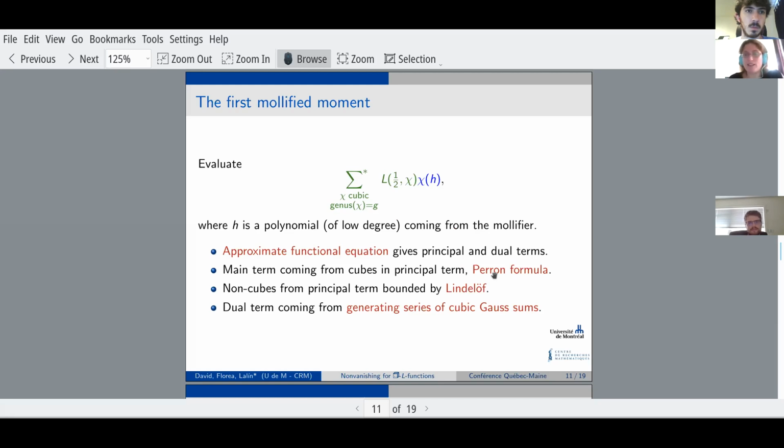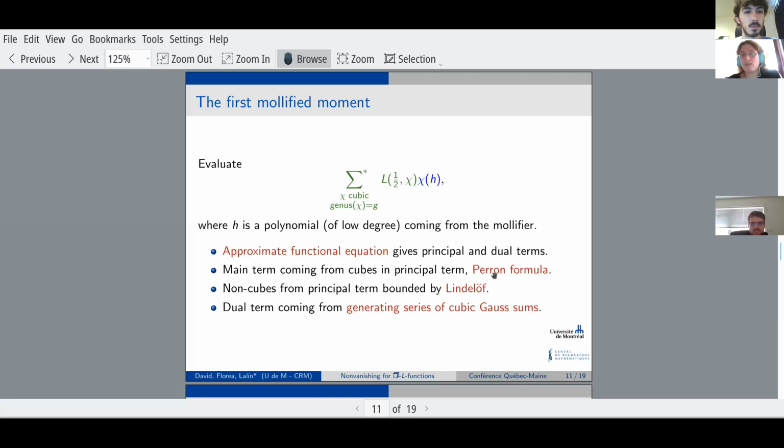The principal term is a sum of things. When you take the part that has to do with sums of cubes, you get the main term by using Perron's formula. And for the non-cubes, you kill them using Lindelöf, which is true here. The part that is the hardest and most involved has to do with bounding the dual term.